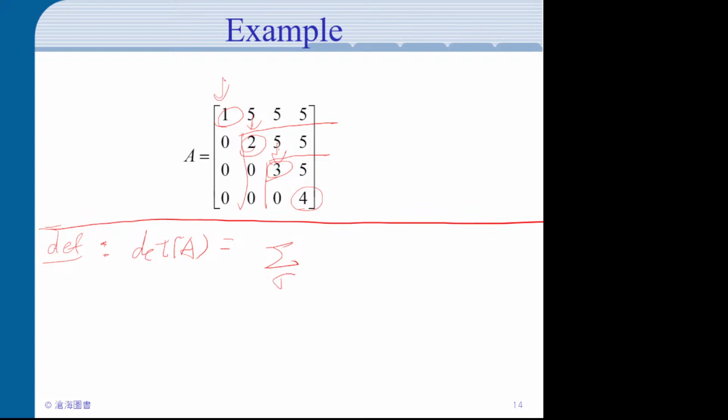So sigma is a permutation of an element. We sum over all possible permutations. Then we have this product of elements.